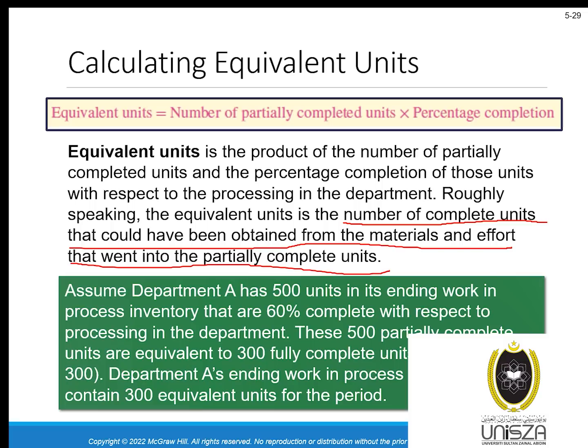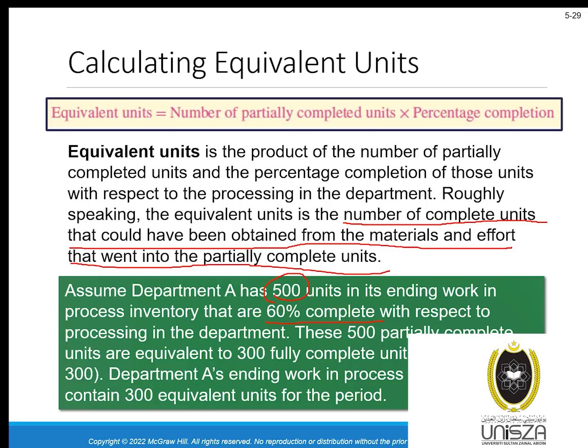Here is an example. Department A has 500 units in its ending WIP inventory that are 60% complete. These 500 partially complete units are equivalent to 300 fully complete units. So we use this formula: the number of partially completed units, 500, times the percentage of completion, 60%, then we get 300.